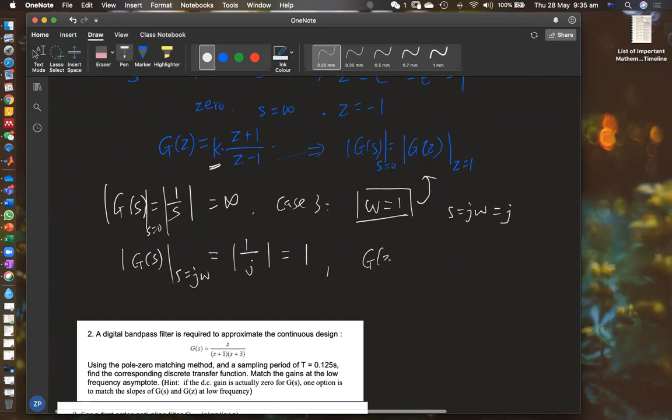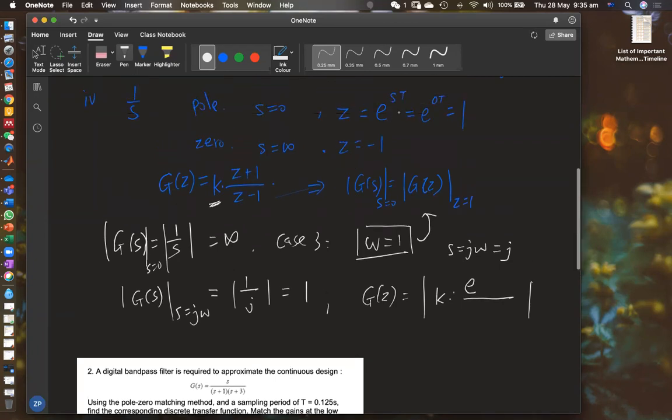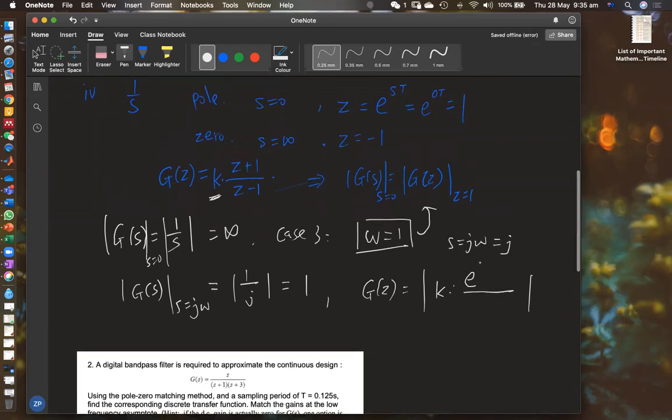So that's what we mean. We want to have our G(z) equal to k multiplied by, here z is equal to e^(sT). s is j omega, so omega equal to 1, j omega equal to j, and T is equal to 0.5, so it's j 0.5. The top is e^(j0.5) plus 1, and the bottom is e^(j0.5) minus 1.